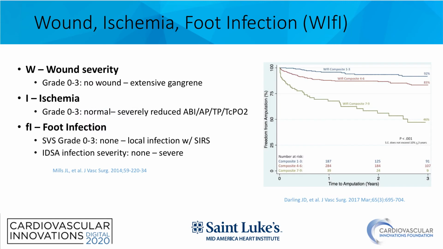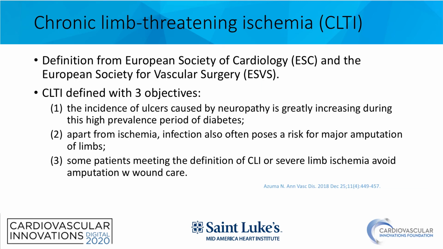The WIfI classification, for wound, ischemia, and foot infection, was an answer to this problem, wherein threatened limb was graded incorporating wound severity and foot infection in addition to ischemia. This grading scale has been shown to correlate well with outcomes including freedom from amputation, and has prompted further discussion about redefining critical limb ischemia entirely.